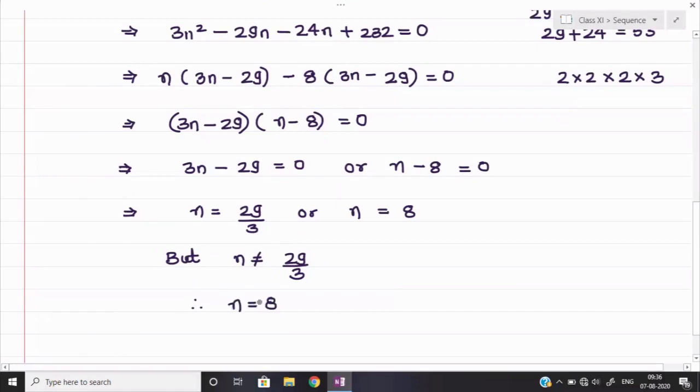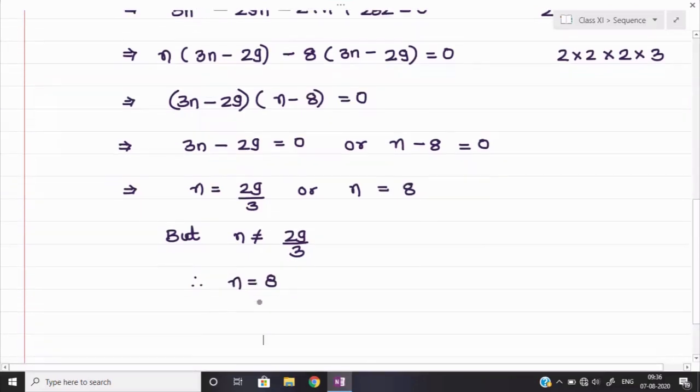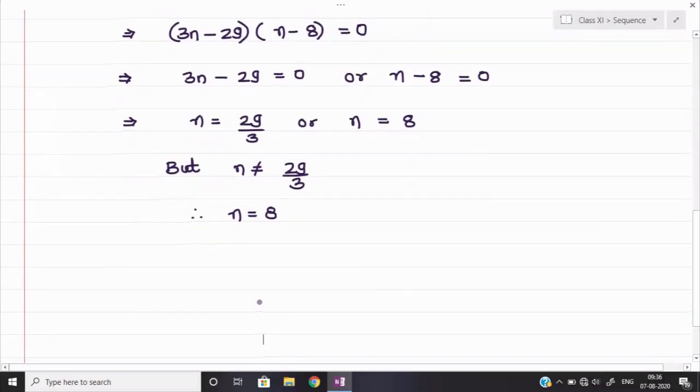Right? Now after getting the value of n, we shall proceed to find the value of the last term. That is our ultimate task here. So now we shall write down, therefore, the value of L is equal to a plus n minus 1 into d.